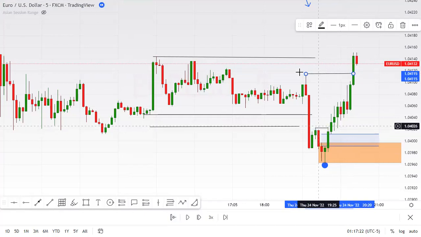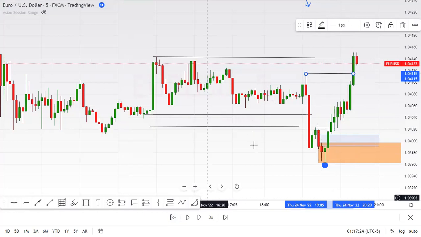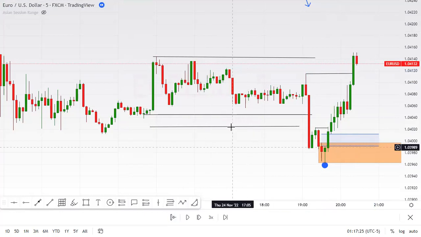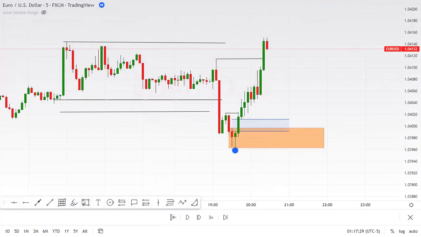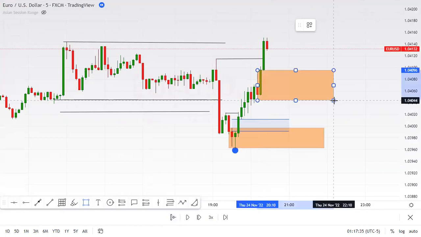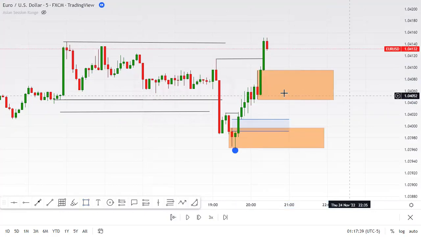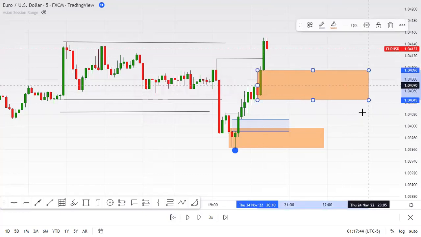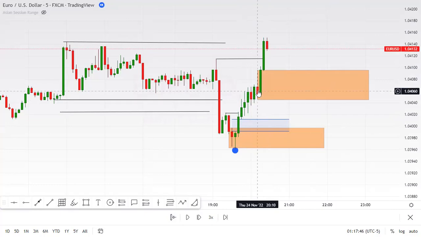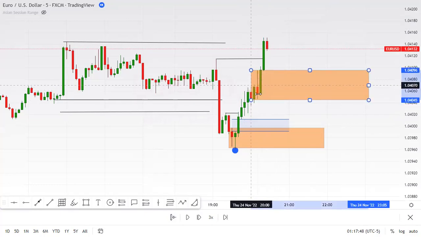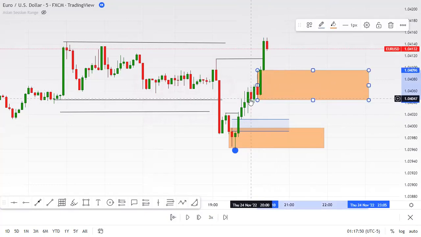Now when you are trying to draw your order blocks, you will not just draw this, you will also draw this one, because this is a part of an order block. It's an order block. So you extend it. Even this lower one has a red candle here, close to this one.